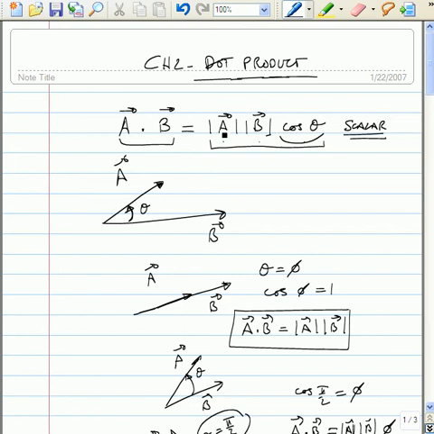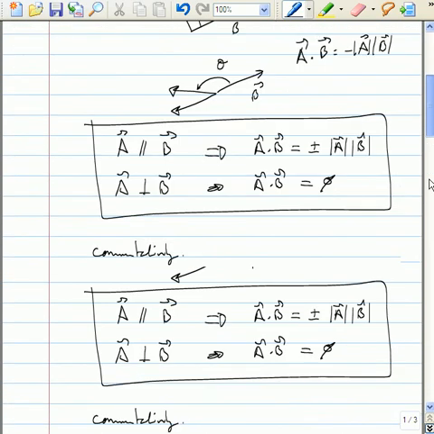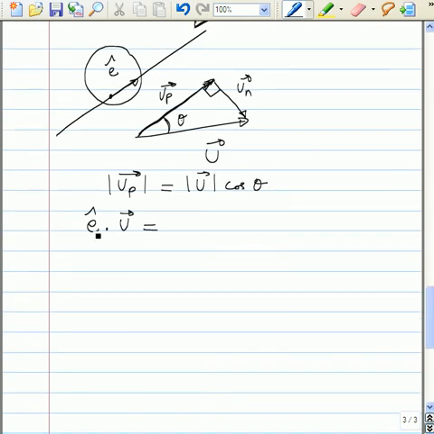A dot B is equal to magnitude of A times magnitude of B times cosine between those two vectors. The angle between vector u and unit vector E is the same as the angle between vector up and vector u. So u dot E is equal to magnitude of unit vector E times magnitude of vector u times the cosine of the angle between those two vectors, which is cosine theta.